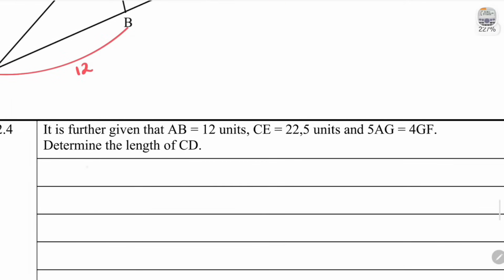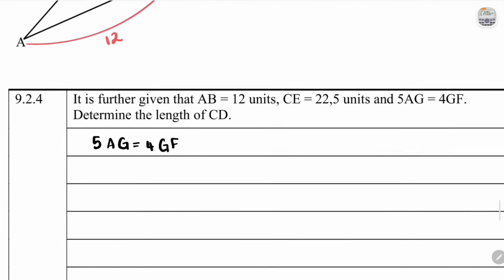Now, they give us some information over here, and we're going to have to just simplify that. If they tell us that 5 AG is equal to 4 GF, then we can simplify this further by getting the letters on one side and leaving the numbers on the other side. So in order to do that, we'll divide both hand sides by GF so that GF is now on the left hand side.